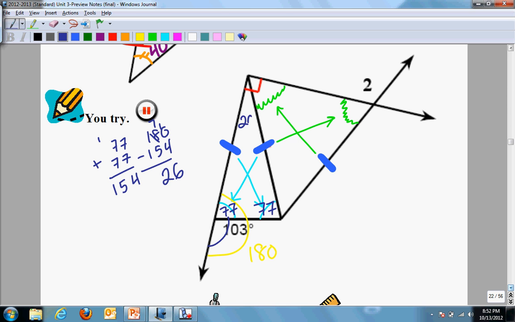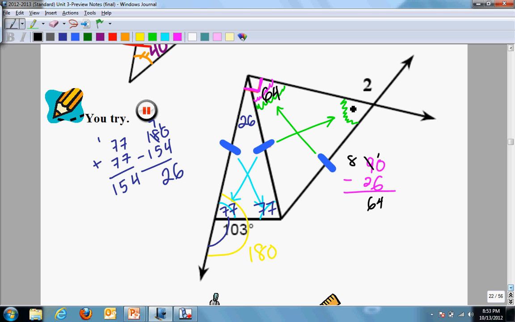We get 26 here. Did you notice the right angle? That's the key to the whole problem here. So to get this angle right here, we're going to go 90 minus 26. And we're going to get 64.